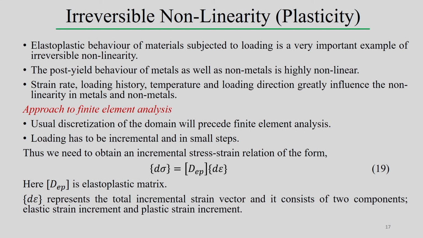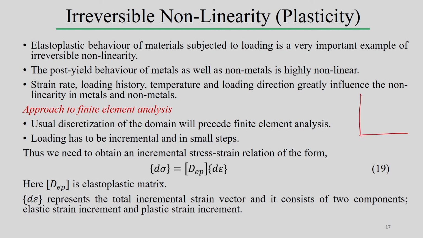Once we cross the yield point, some sort of permanent deformation happens because of the plastic deformation of the material. So, post weld behavior of metals as well as non-metals is highly nonlinear, and that is very much obvious.